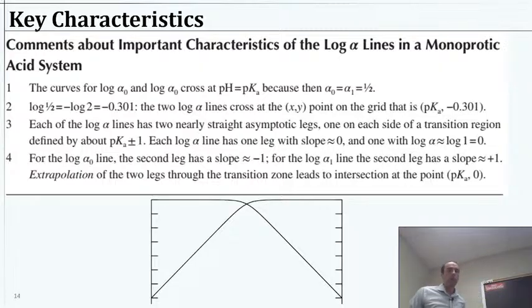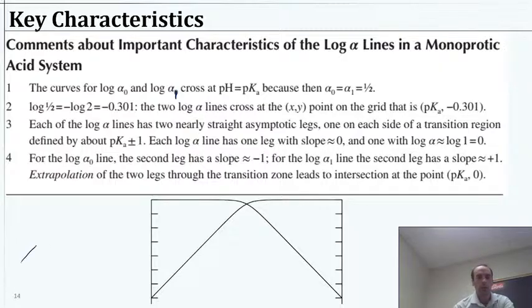Okay, so the curves for log alpha 0 and log alpha 1, I think is what they meant to write, are going to cross at pH equal to pKa. That's when we know we've hit the center point, and we know alpha 1 is equal to alpha 0, that's 1/2. The other thing we can note is the distance, and I'm going to zoom in here a little bit.